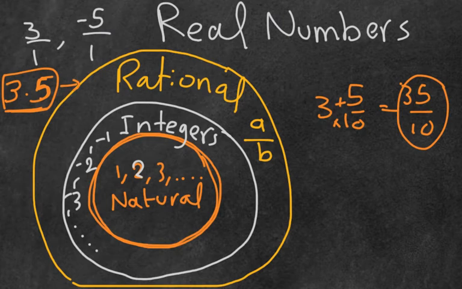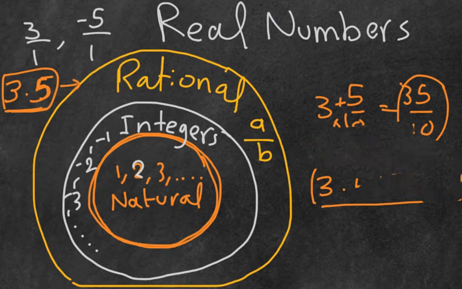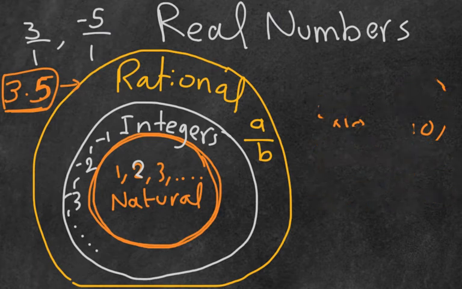If it's not terminating, like 3.5136 and so on, it has no end, so it's irrational. If the decimal does not terminate, it's irrational. But if it terminates, it will be rational.